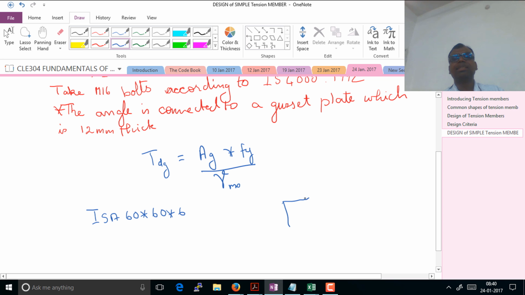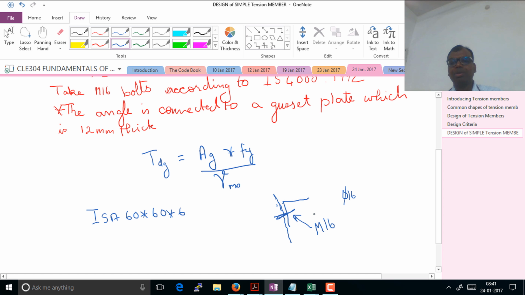This is ISA 60-66. There is a bolt here, only one bolt. What is the diameter of the bolt? Here I'm talking about an M16 bolt. M16 bolt is the Indian standard designation for a 16 mm diameter bolt. It is the standard 16 dia bolt.